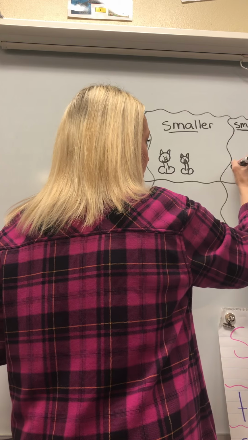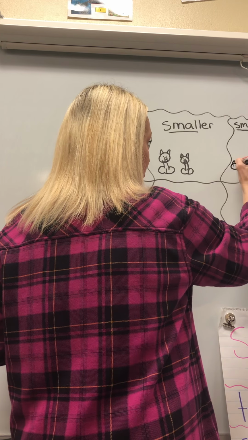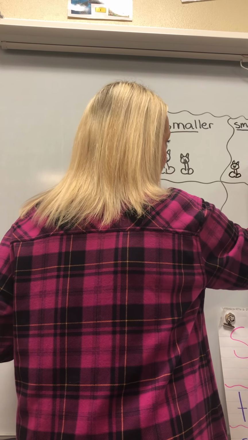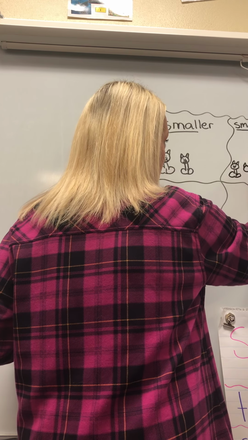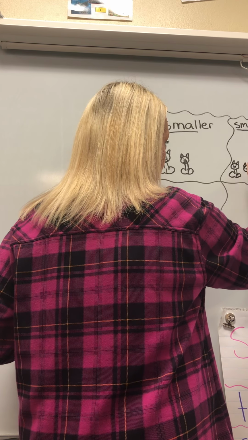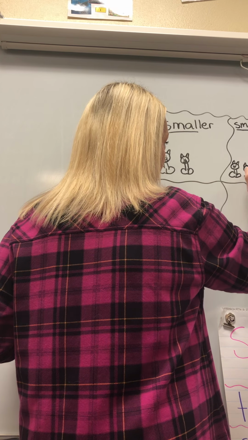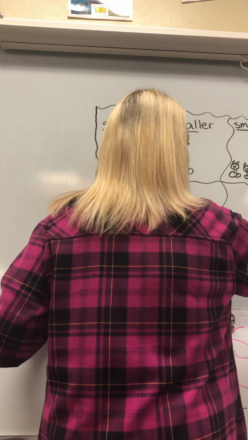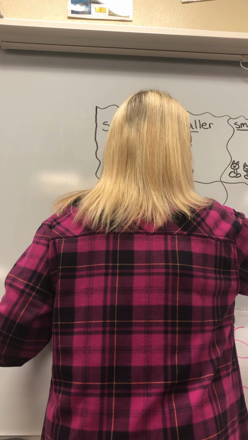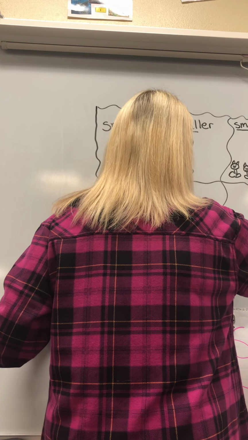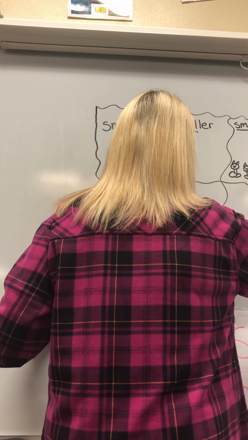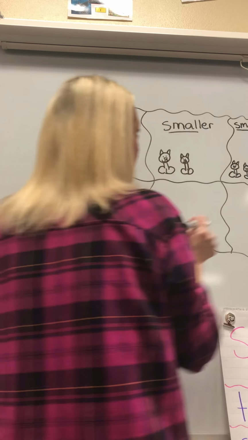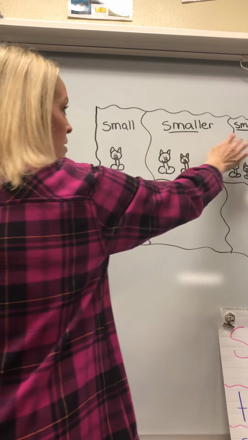So I'm going to have Princess is small, Diamond is smaller because we're comparing the 2 things, and then I have my baby Biddy. So Biddy is the smallest. She is the most small because now we're comparing 3 or more things. So small, smaller, and smallest.